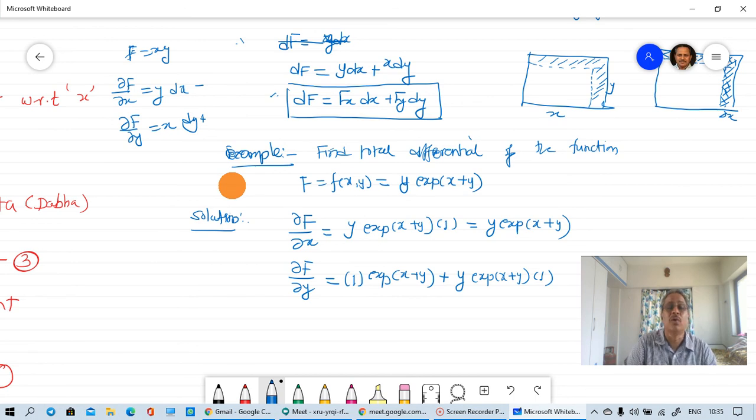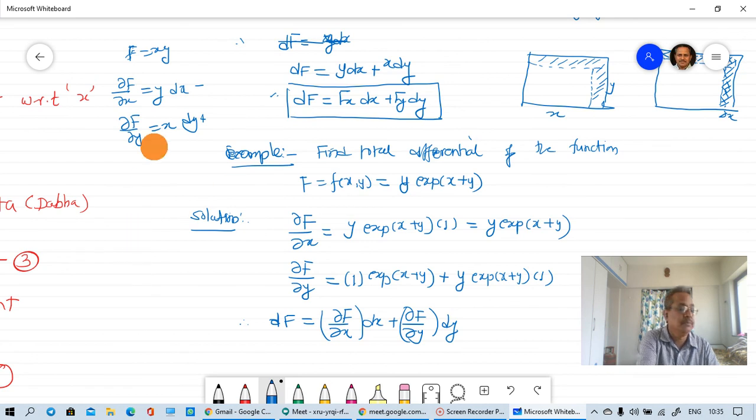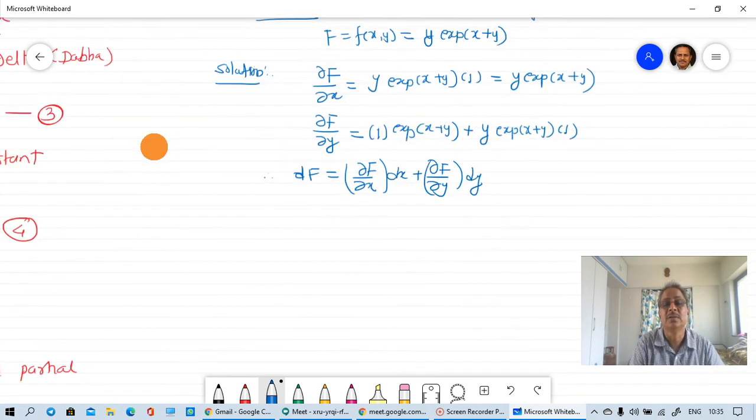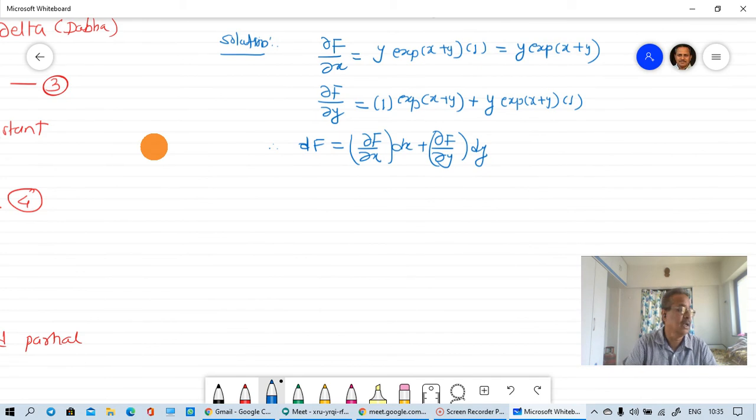So therefore total differential df will be given by, as we know from the formula of total differential, delta f upon delta x into dx plus delta f upon delta y into dy. Write what we got above for delta f and delta x, and therefore the total differential is given by, you can write it there.